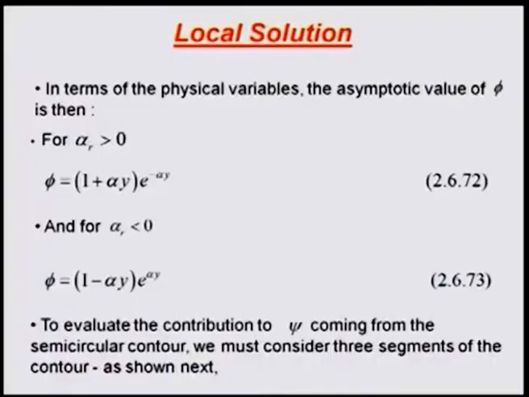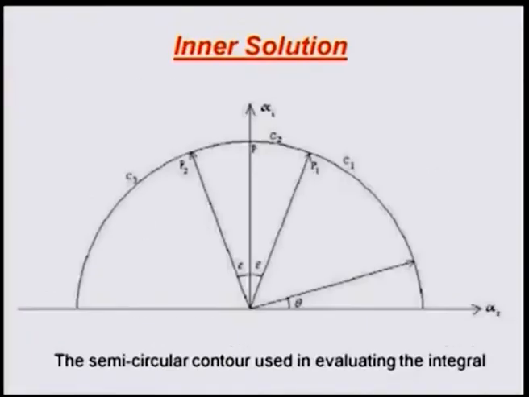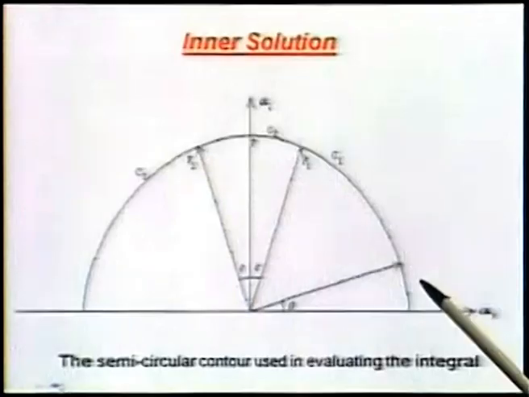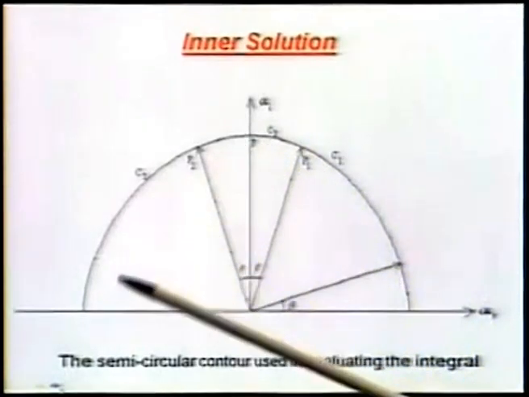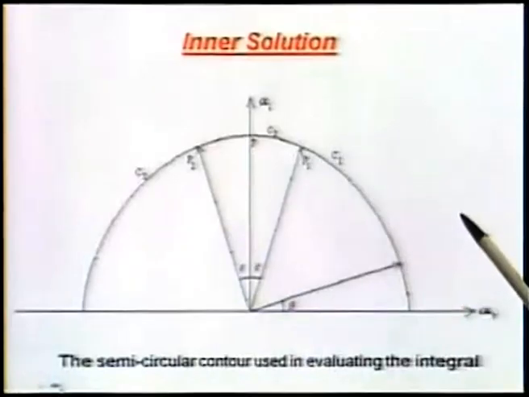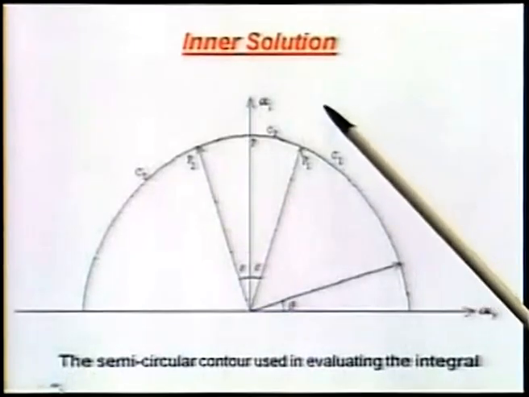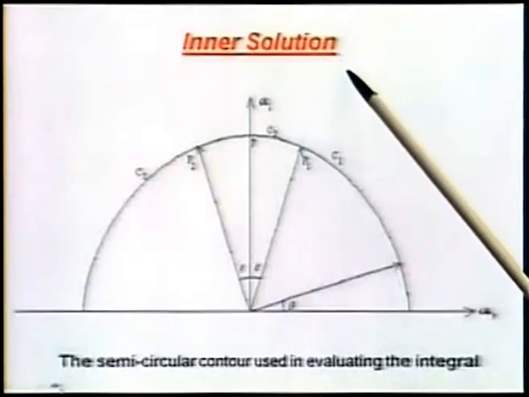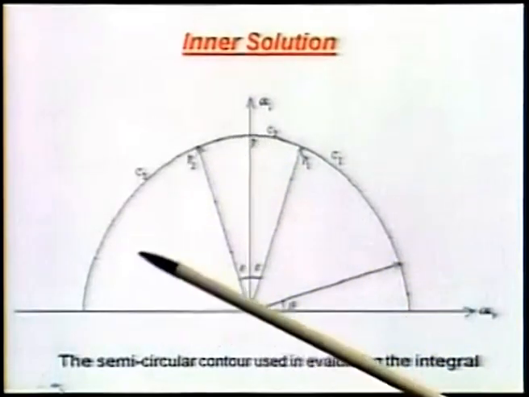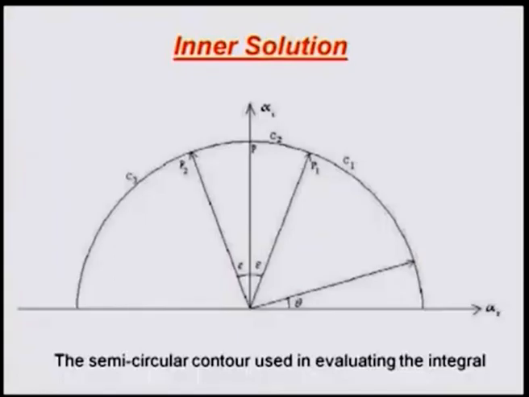In fact, what we could do is we could evaluate the contribution coming from the semicircular arc, and in doing so you have a task at hand, because your semicircular arc is continuous, but the function is not. We have seen what happens. On this part we have 1 plus alpha y into e to the power minus alpha y. On this side 1 minus alpha y into e to the power plus alpha y.